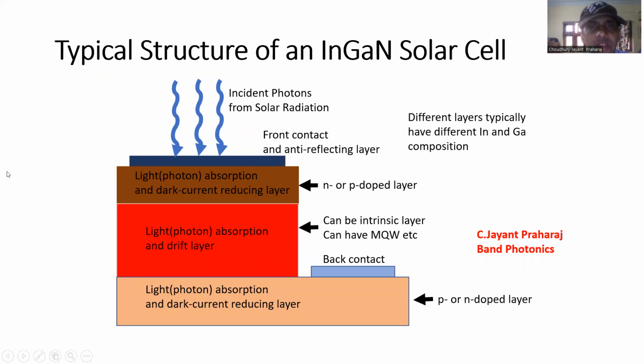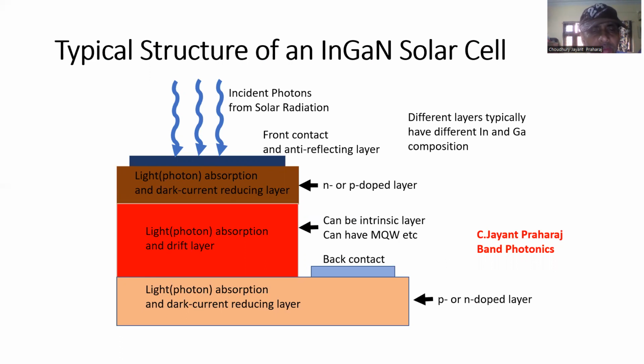The slide here shows the typical structure of one of these indium gallium nitride solar cells. It has several layers. The layer shown in red here is basically the major light or photon absorption layer and a drift layer. The photons are absorbed in this material, generating conduction band electrons and valence band holes.